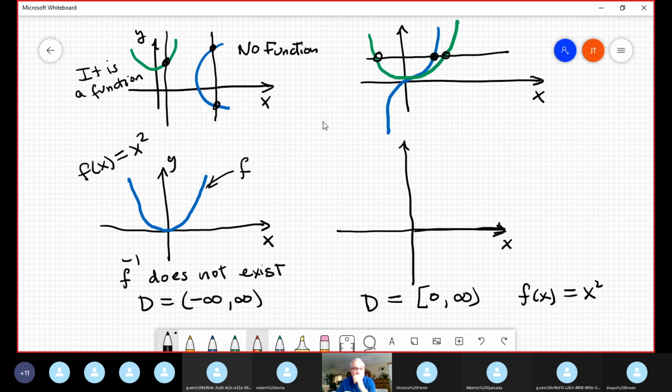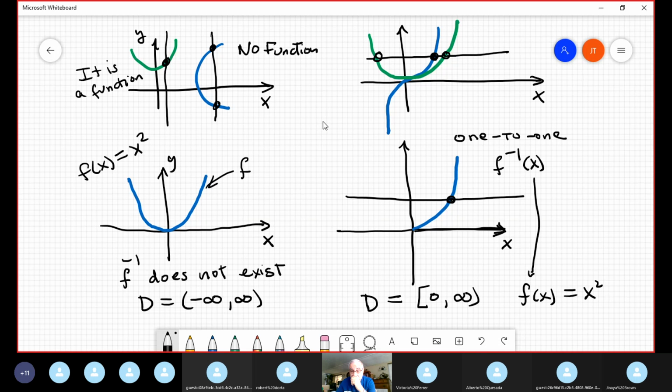Now it's half of a parabola, like that, because I excluded the negative values. When you apply the horizontal line test, you cross only 1 point, therefore this is one-to-one now. Therefore, the inverse function of this function now exists. By the way, it's the square root of x.